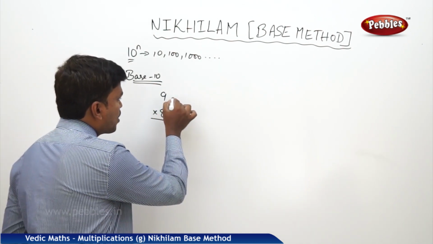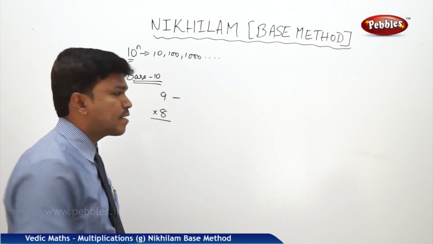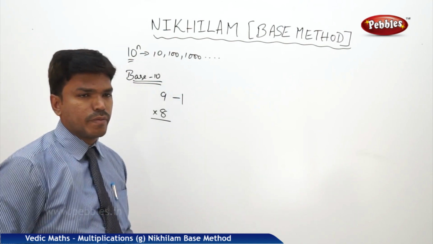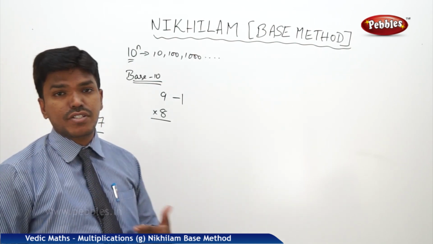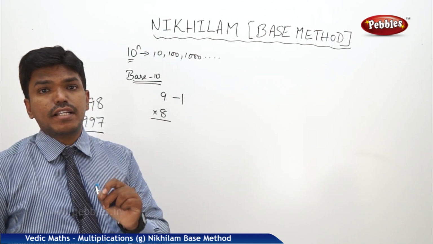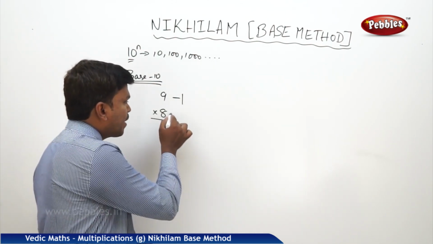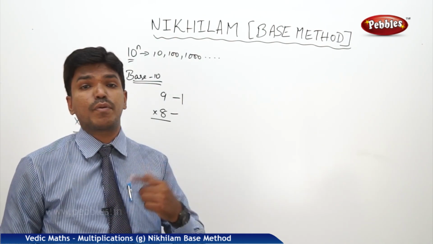If it is less, put a minus symbol like this, and how much less it is? 1. Similarly, 8, is it more or less when you compare with the base 10? It is less, so I am putting a minus symbol. If it is less, I'll put minus. If it is more, I'll put plus. That is the difference.